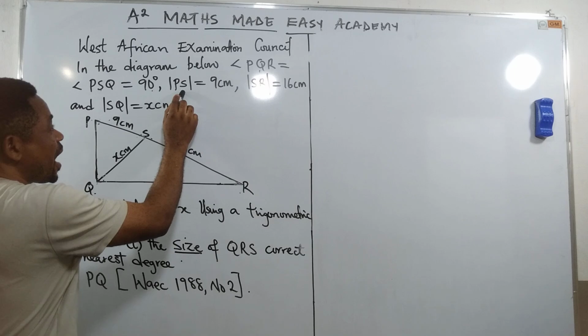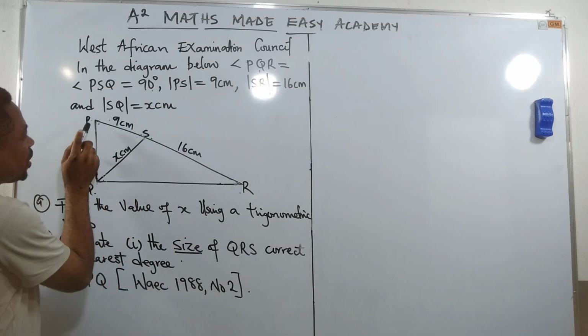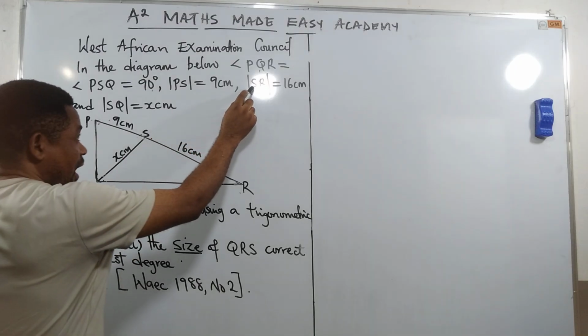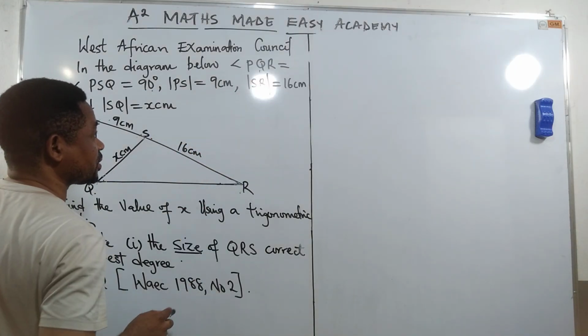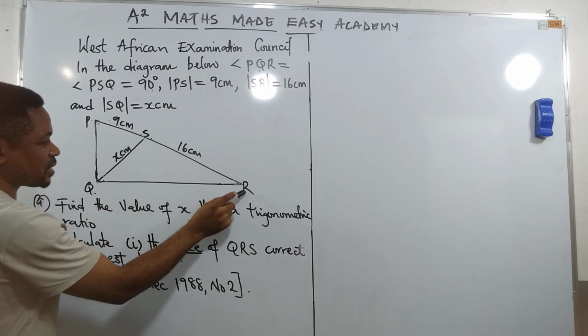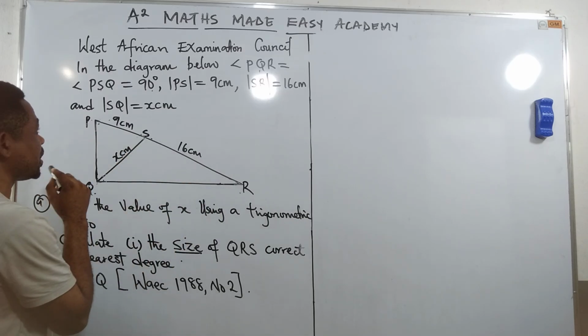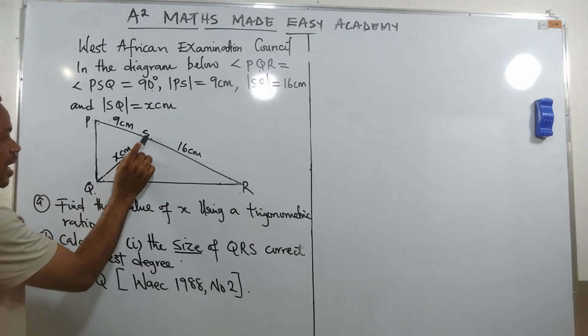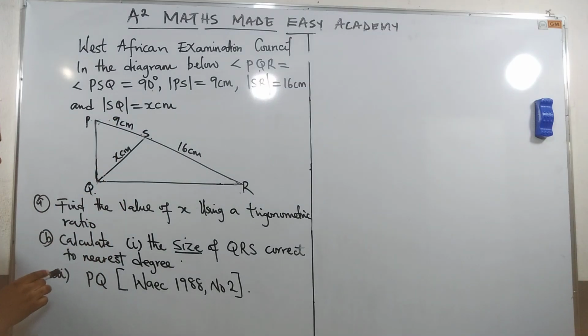Side BX is 9 centimeter. Then side SR is 16 centimeter. This is XR, 16 centimeter. And side XQ is x centimeter.